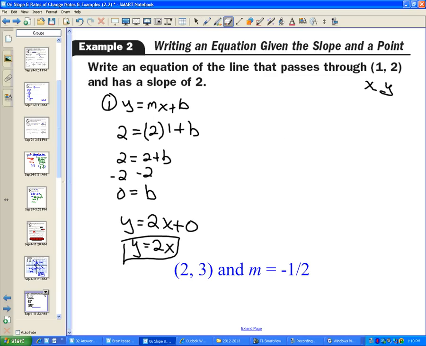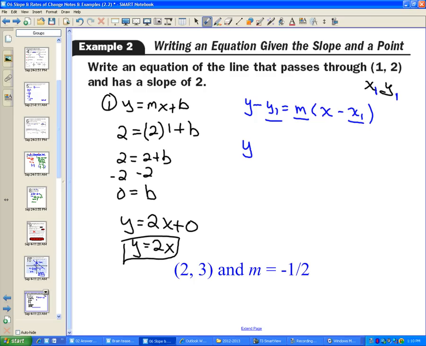My new form uses the point slope form that we saw on that previous slide. Y minus y1 is equal to m times x minus x1. In this problem, 1 is my x1, 2 is my y1. So I'm going to plug in my y1, my m, and my x1 and simplify.